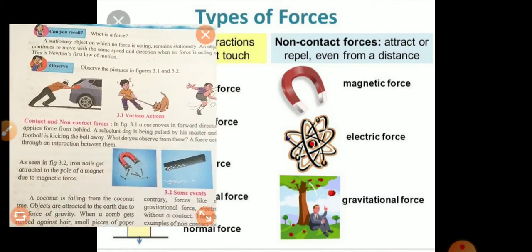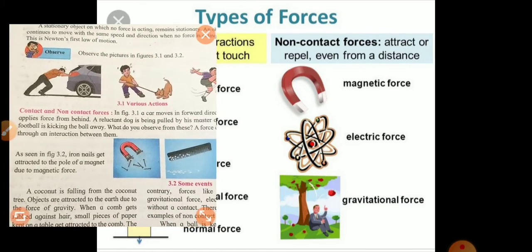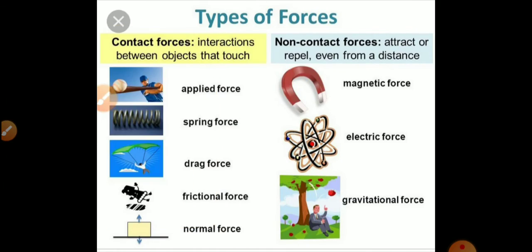Contact forces mean interaction between objects that touch. The interaction occurs between the object and our body. There is contact between two objects and the force exists. That is called contact force.